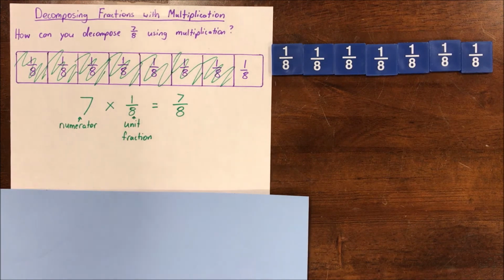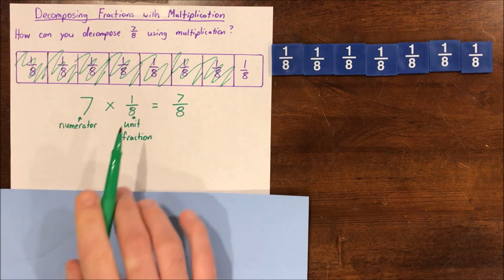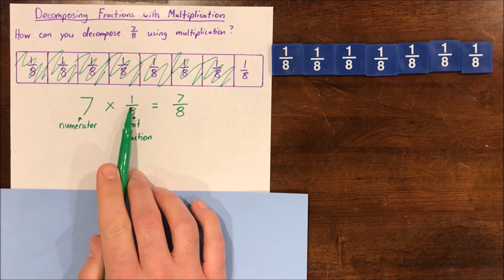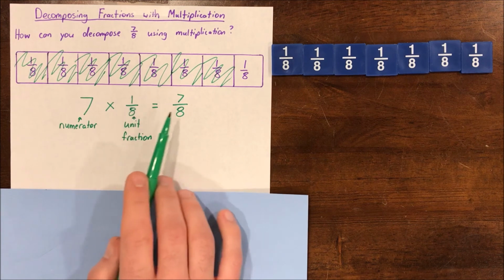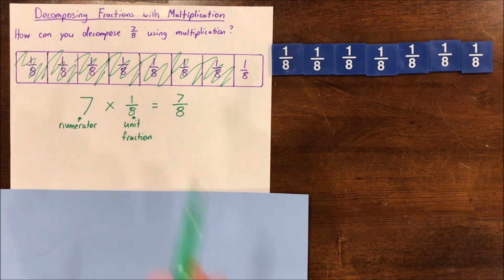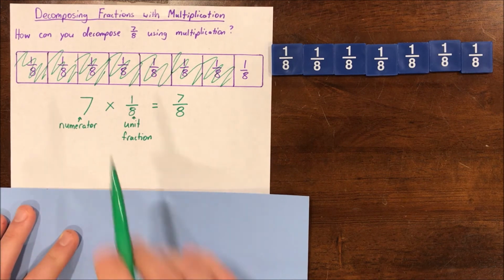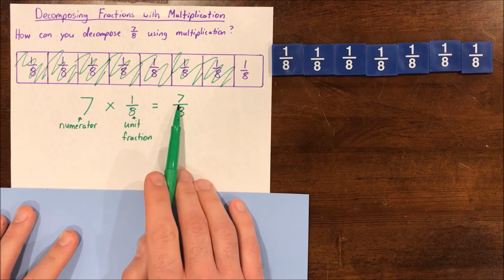Okay, so when we multiplied a fraction times a whole number, what did you notice about the numerator of the fraction from the factor to the product? Say it out loud. Right, the numerator of the fraction changes, doesn't it? And why does that happen?